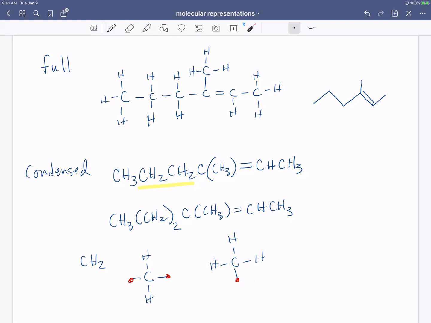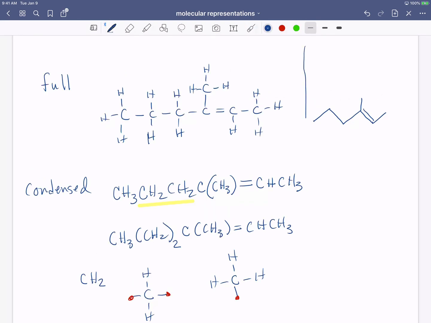And so now the question becomes, how can I get from this back to the full structure? All right, so let's go ahead and try to redraw it over here on the right. Wherever there should be a carbon, I'll put a little carbon there, imagining the carbons right where they are.